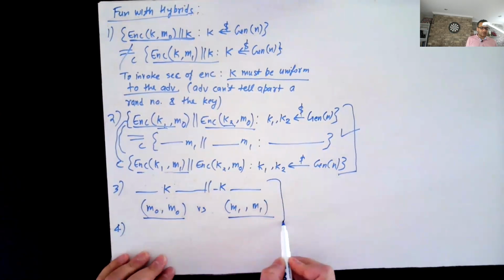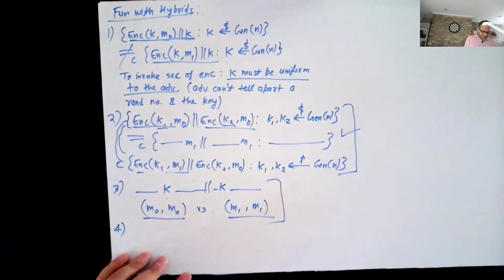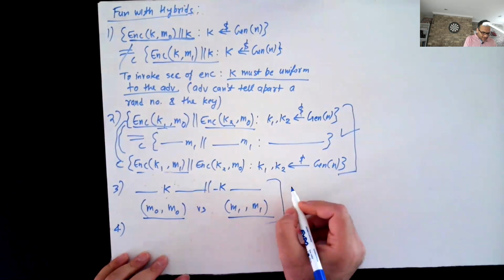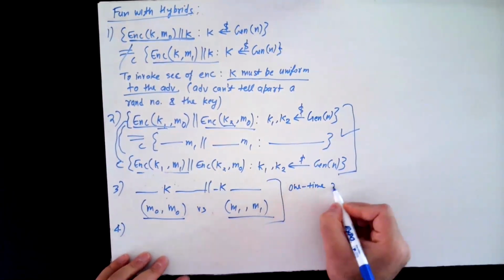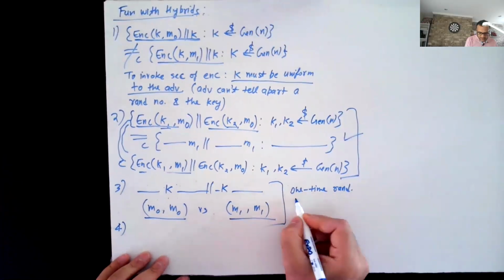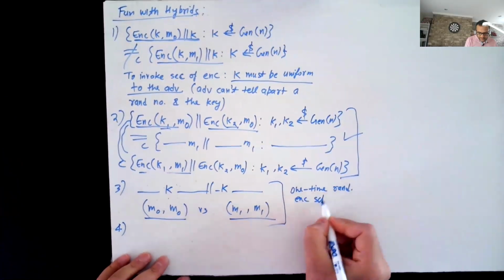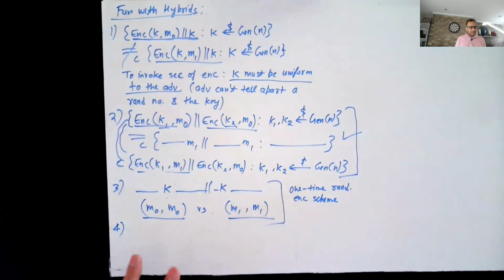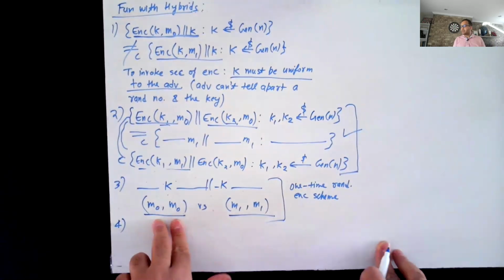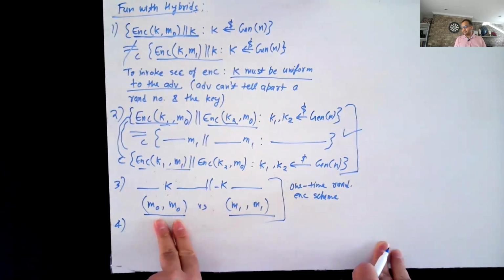Let me say a little bit more here. Think about a one-time randomized encryption scheme. In that case, if you encrypt the same message twice, maybe this encryption scheme becomes completely insecure.